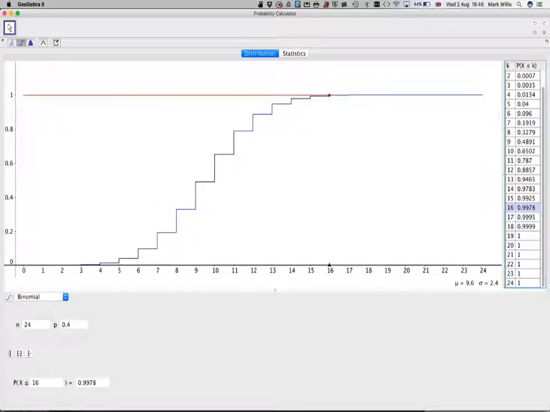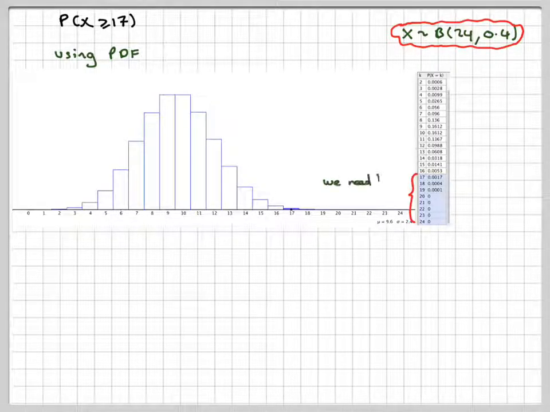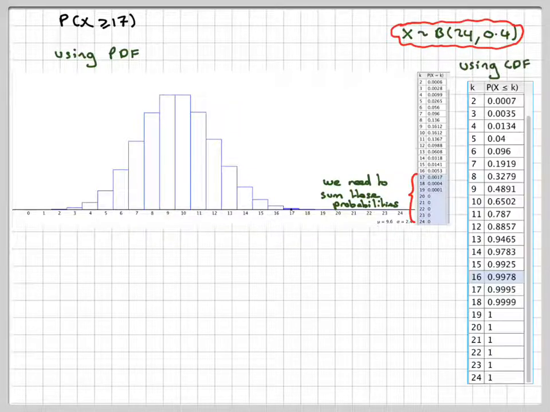We need to find 16 or less, and then do 1 minus the probability that X is less than or equal to 16.